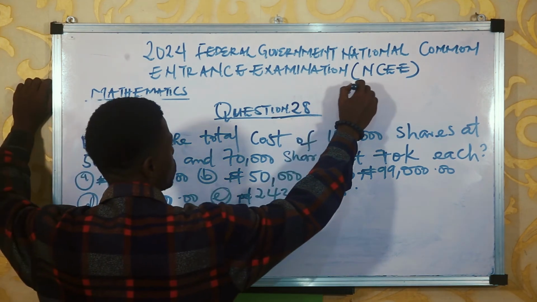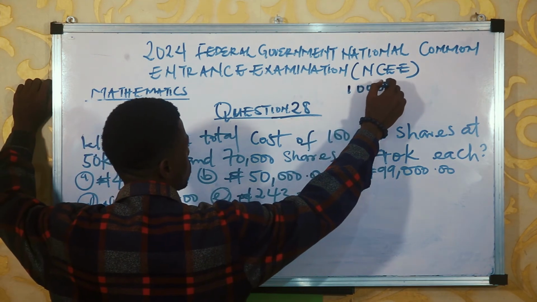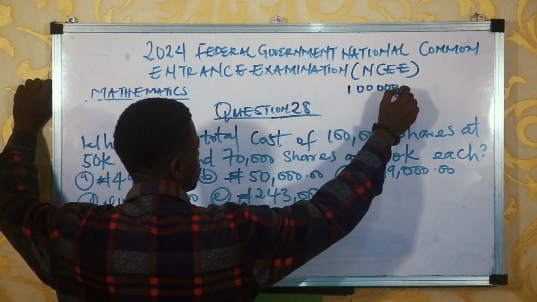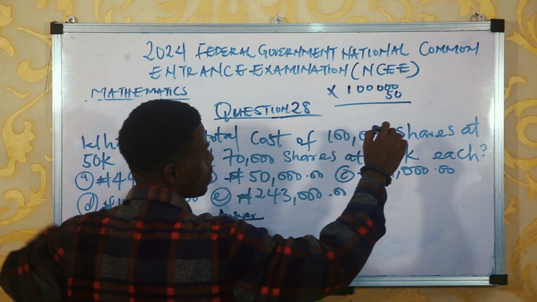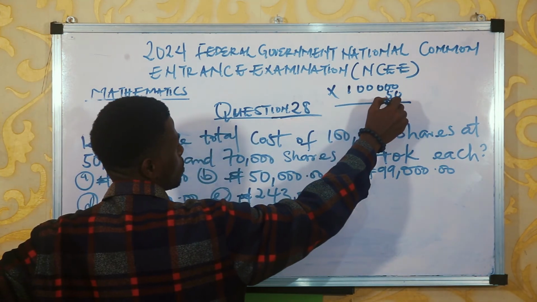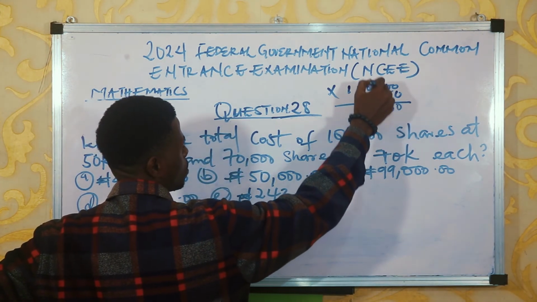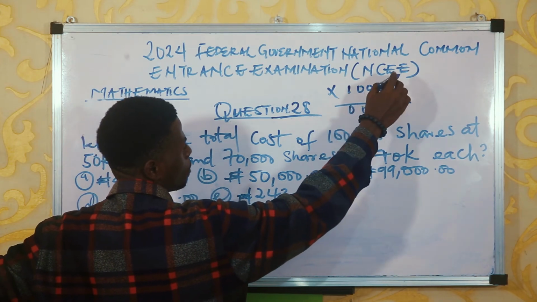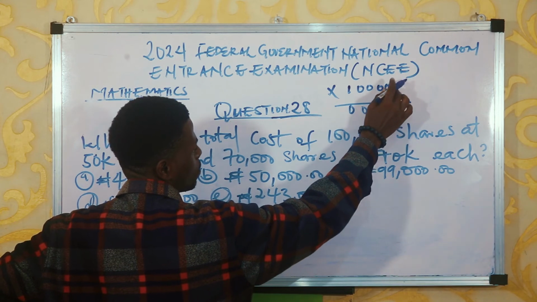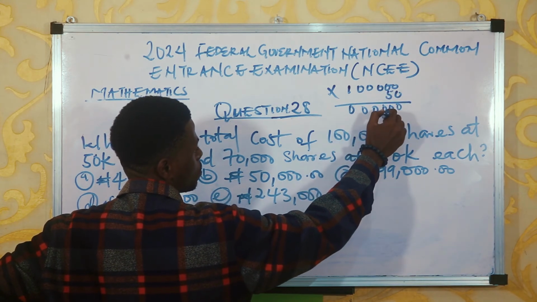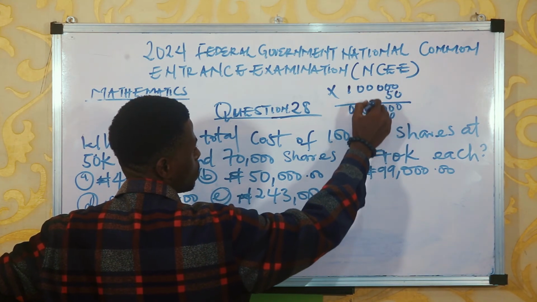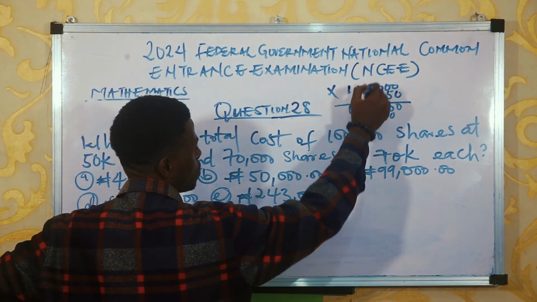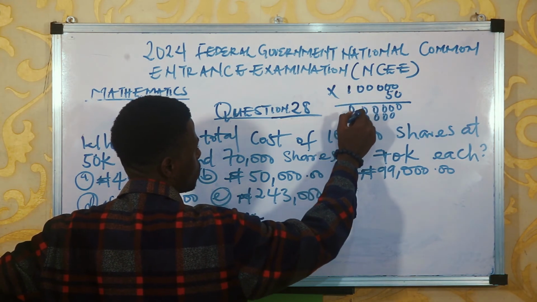Let me show you here: 100,000 times 50. Look at it very well. This 0 multiplied by 5 gives 0, and so on for each 0, and 5 times 1 gives us 5.